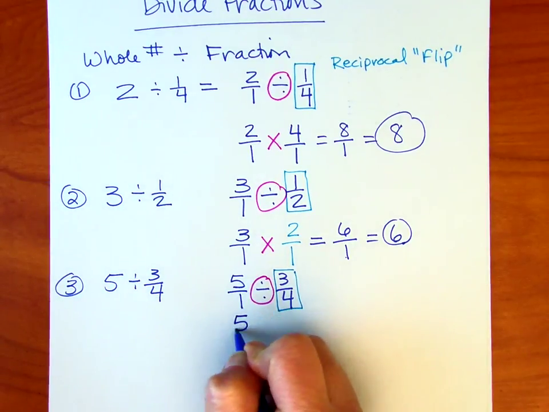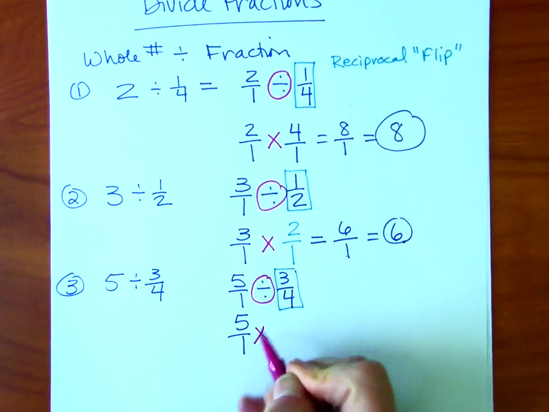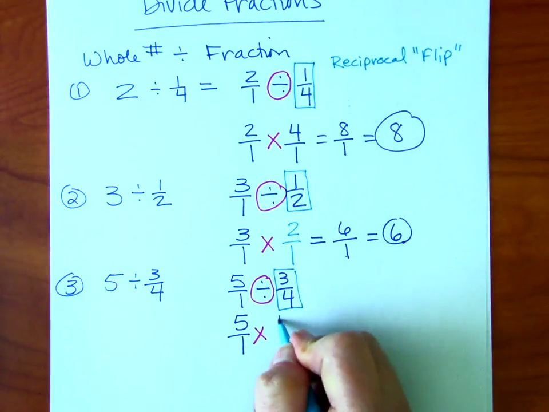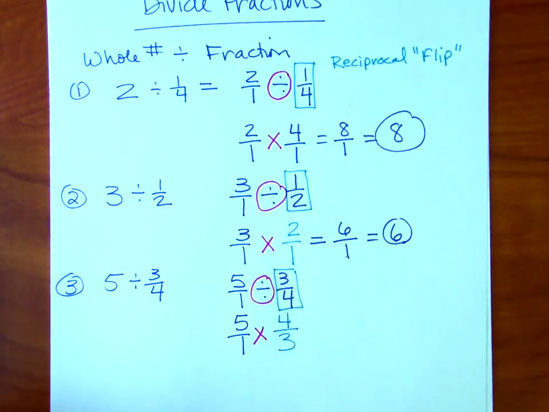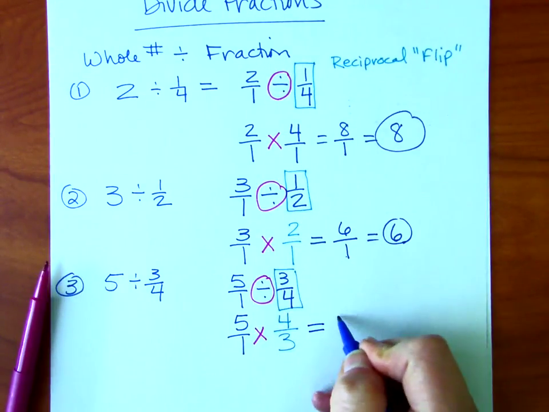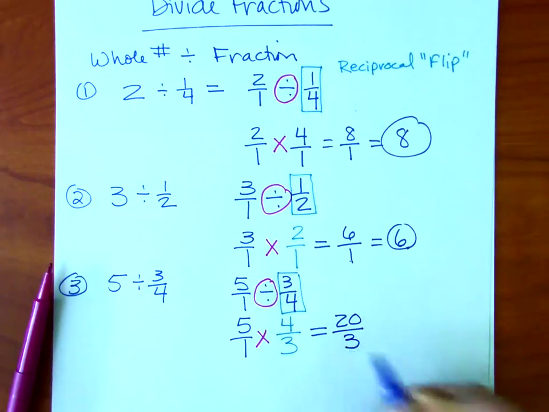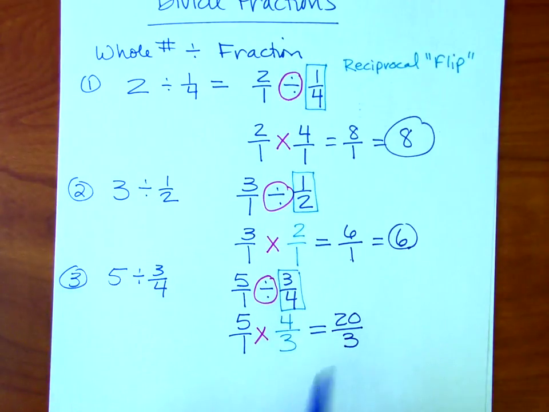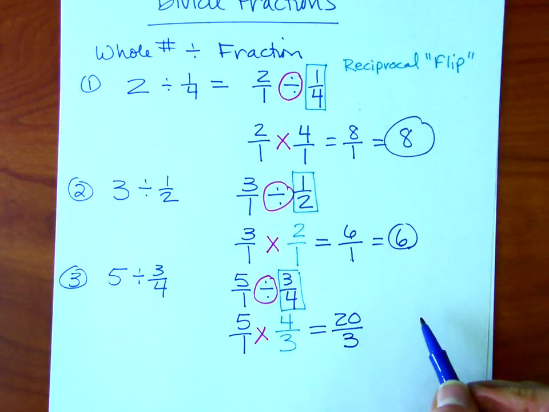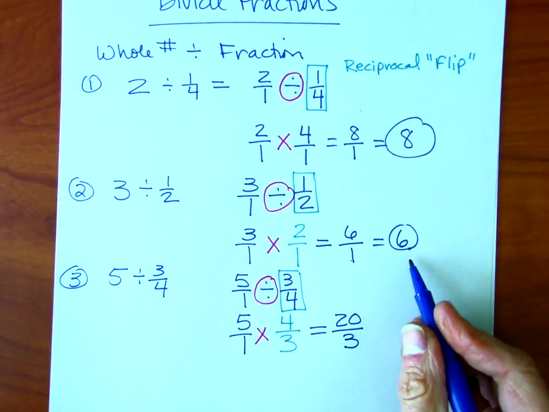So here we have 5 over 1 times 4/3. Can't reduce, so we're multiplying straight across. 20/3. Now notice this is an improper fraction, but it's not going to reduce to a whole number like the other two.